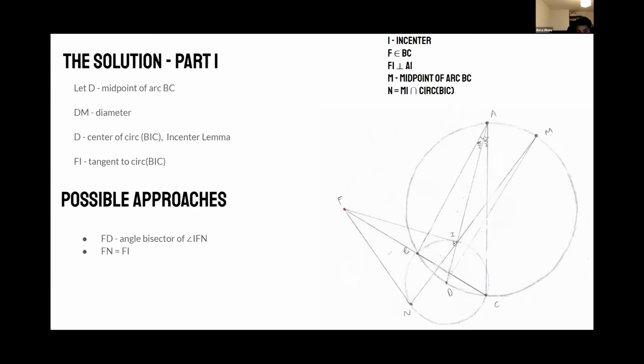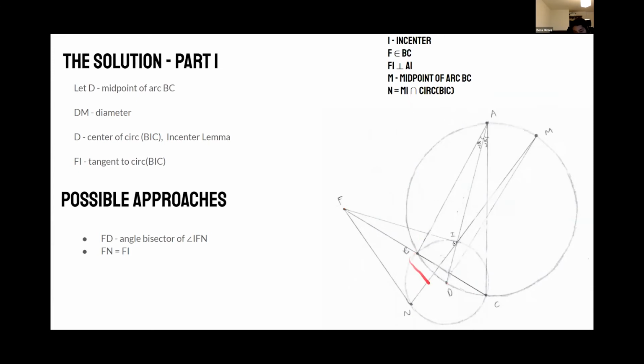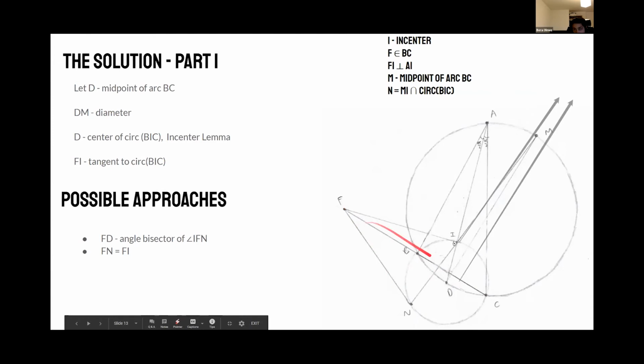So F will be equidistant from 3 points, and therefore it will be the circumcenter of this triangle. But we already know that N prime and I lie in the circle with center D, and D of course doesn't equal F, as F is on BC but D is not, and therefore FN equals FI suffices, as we get a contradiction.